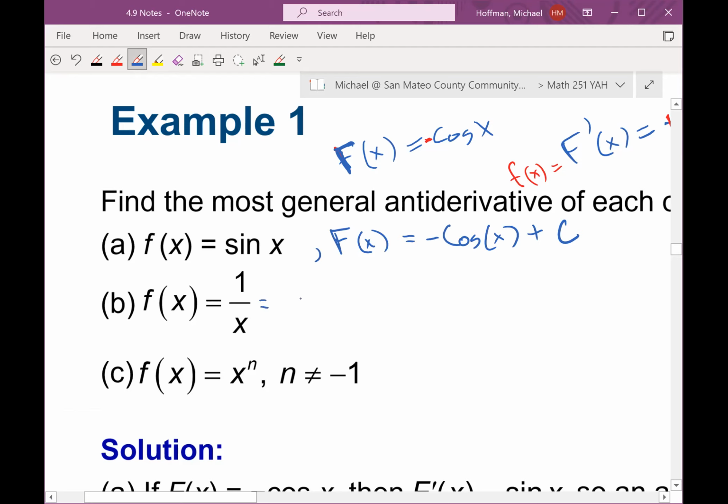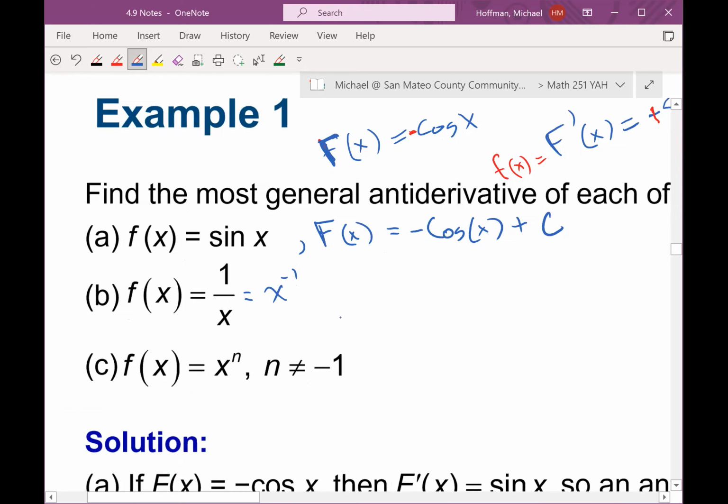Now 1 over x, it's the result of using something and ending up with a -1. And now remember, we're not taking the derivative of this, we're taking the antiderivative of this. Do you remember some function whose derivative is equal to 1 over x?